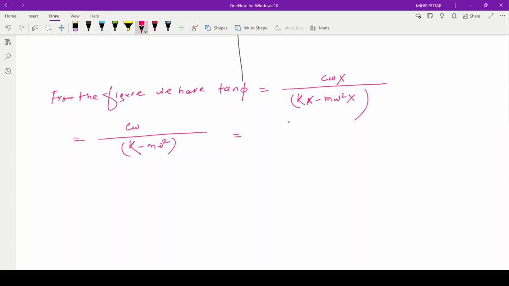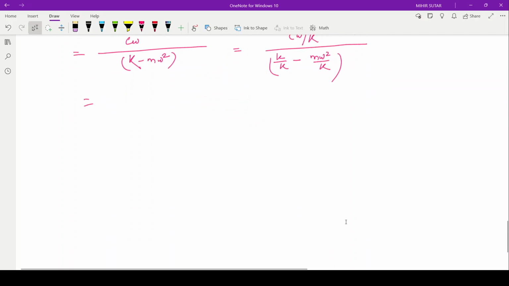Now we can simplify this: c omega by k divided by k minus m omega square by k. In the numerator we can write c omega by k as c by cc multiplied with cc by 2m multiplied with 2 omega by k.